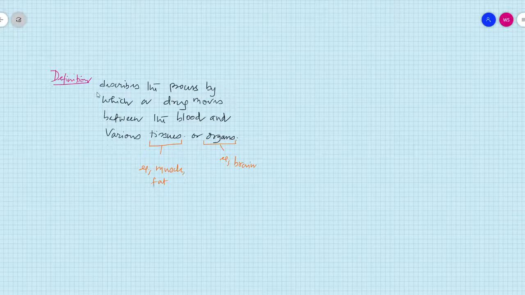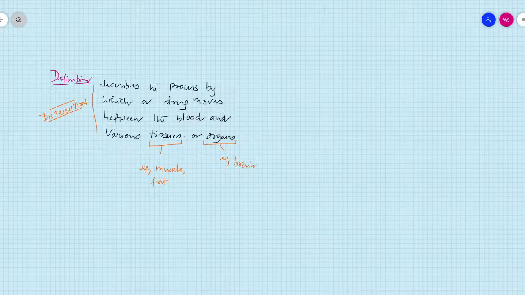So distribution, what is this? This is the definition of distribution. Distribution describes the process by which a drug moves between the blood and various tissues or organs.